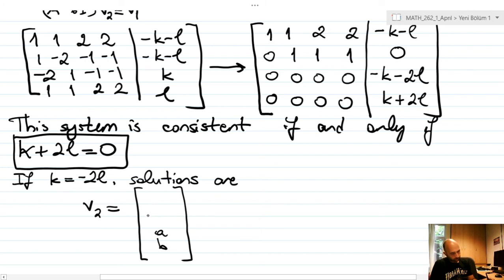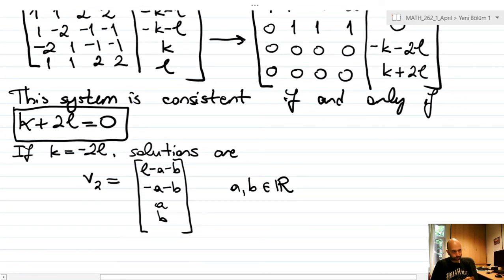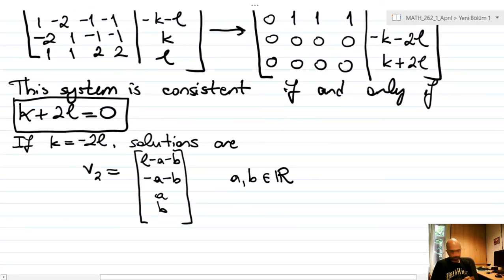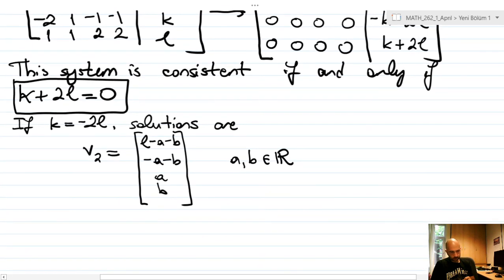You can figure out that this must be minus a minus b. And the first one happens to be l minus a minus b. Here a and b can be any real numbers. Both of them 0, that's also okay. It still will not give the 0 vector here. Okay, so at this point, this is where we got.